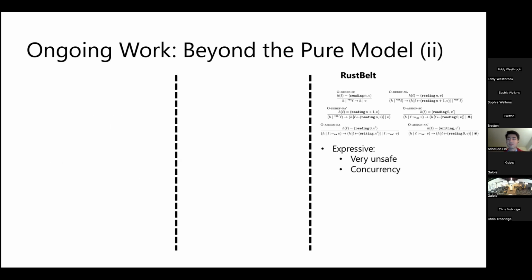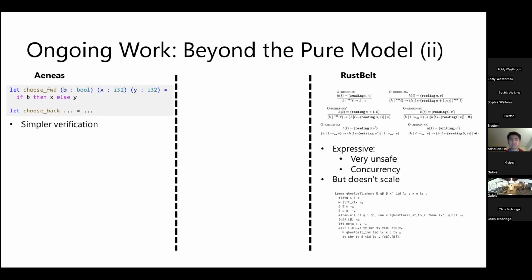Now, the problem of such a logic is that because it is very expressive, it is also very complex, and so it doesn't scale very well. Now, on our side, Aeneas gives you a pure functional encoding, which is easier to reason about. Of course, it comes at the cost that we have a smaller subset, we have less expressivity.